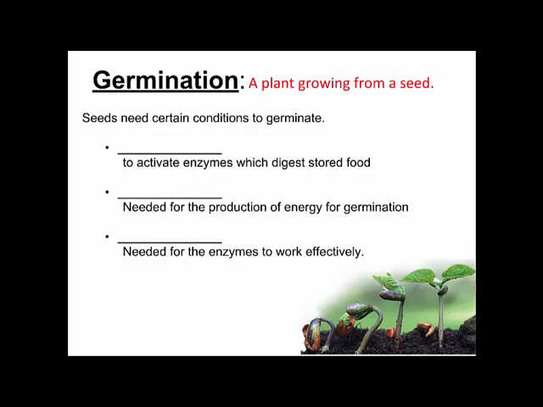Some of those conditions are water. It's one of the key factors. Seeds will start to grow typically once they've gotten wet, and that water helps activate enzymes that are stored inside of those seeds.